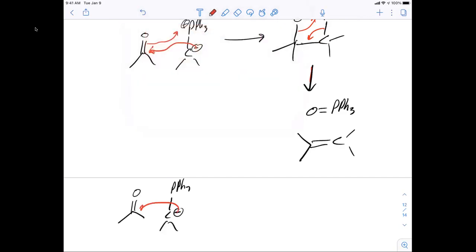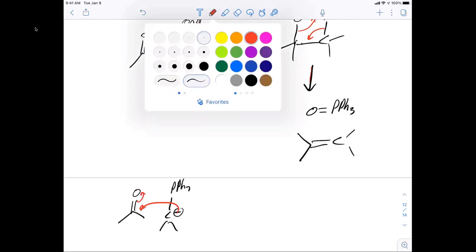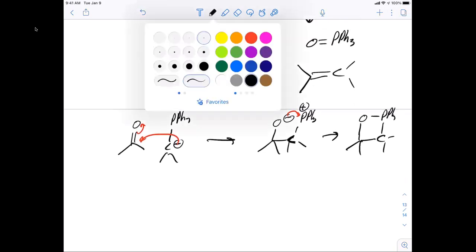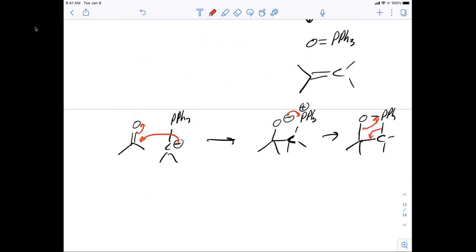If we do it stepwise, the first step is this. Then the second step is the attack of the oxygen on the phosphorus to end up with the same complex. And then the same process here to end up with the products.